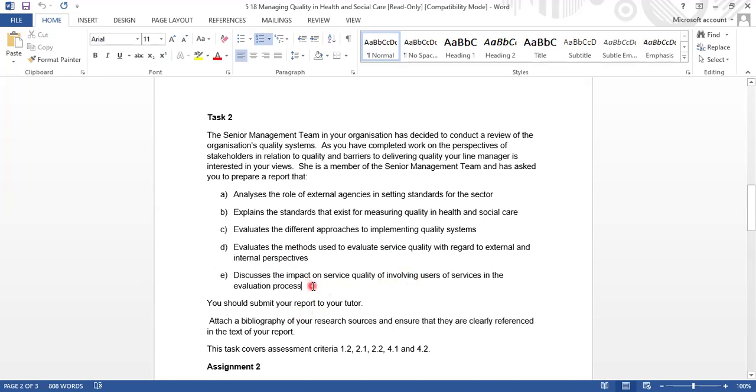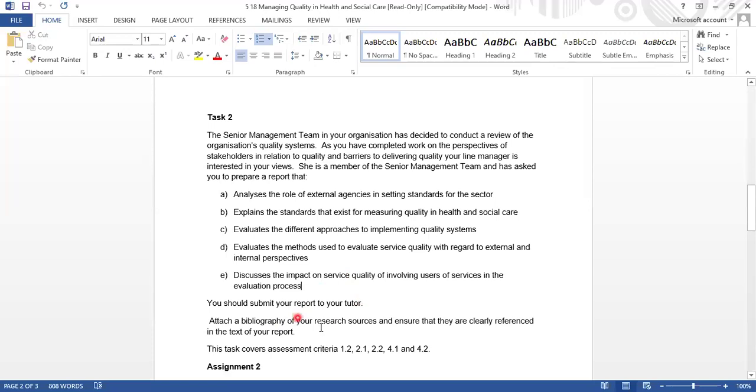And then discuss the impact on service quality of involving users of services in evaluation processes. So what is the role when you involve service users in the evaluation process? What is the impact on service quality? If you're giving them a feedback form, what impact will that feedback form have on the service quality, or what should it have?